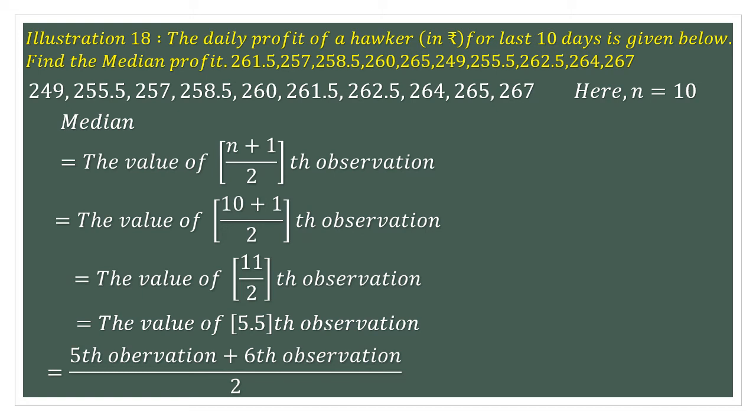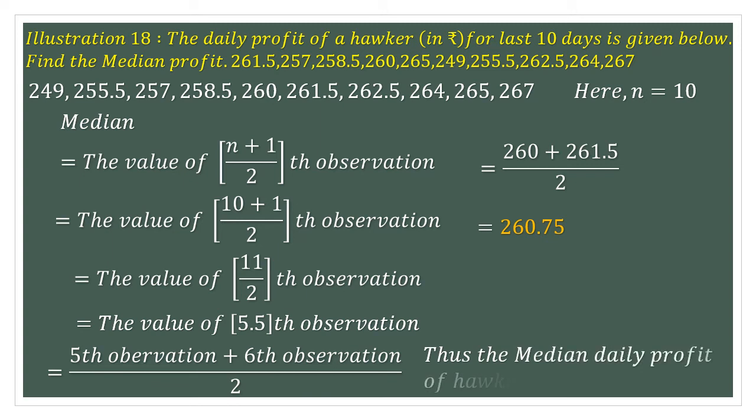The fifth observation, as you can see, is 1, 2, 3, 4, 5, that is 260, and the sixth observation is 261.5. So we calculate an average between 260 and 261.5, which will be 260.75. That means the median daily profit of the hawker is rupees 260.75.